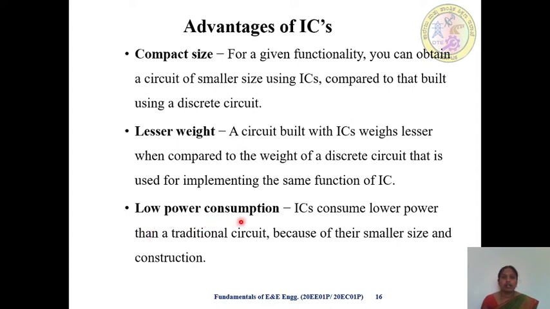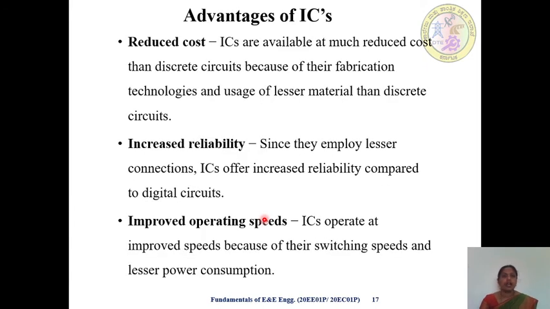Low power consumption. ICs consume less power than a traditional circuit because of their smaller size and construction. Reduced cost. ICs are available at much reduced cost compared to discrete circuits because of their fabrication technologies and usage of lesser material.